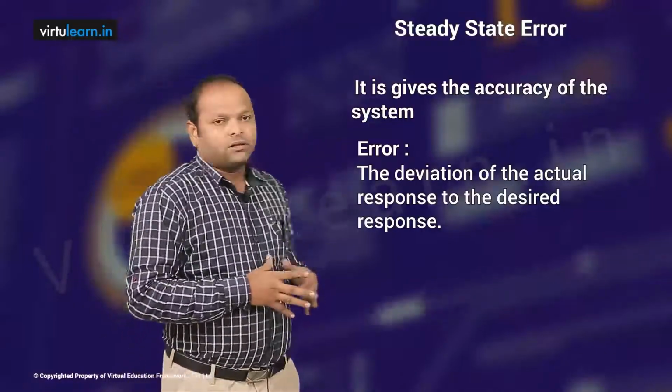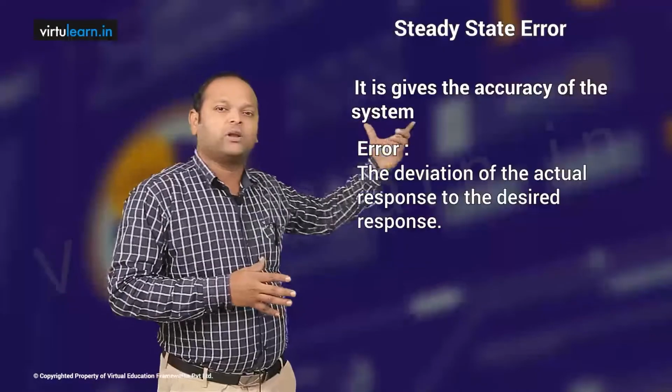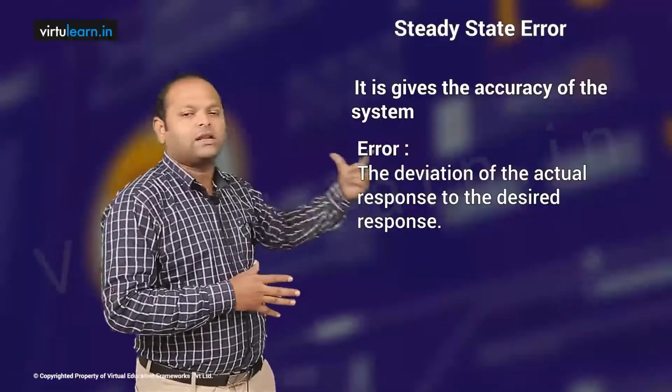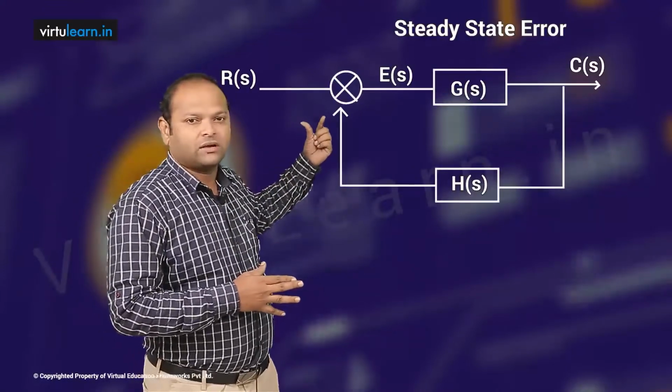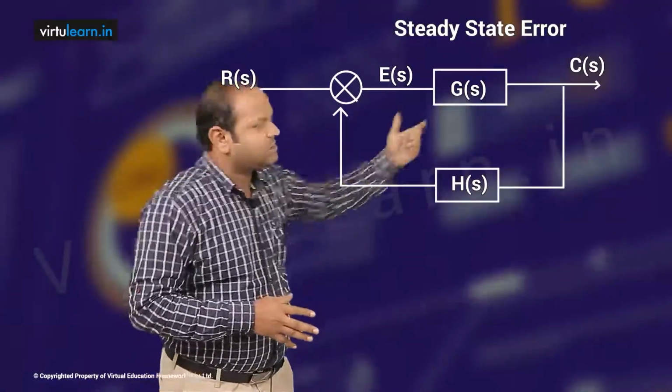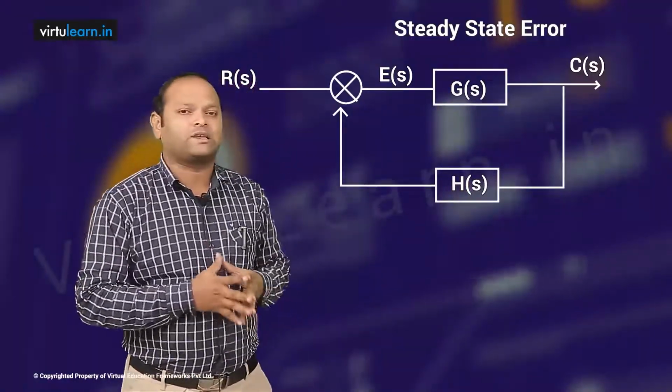What is error? The error in a control system is the deviation of the actual response from the desired response. So we take R(s) as the reference or desired response, and C(s) as the actual or controlled variable response.